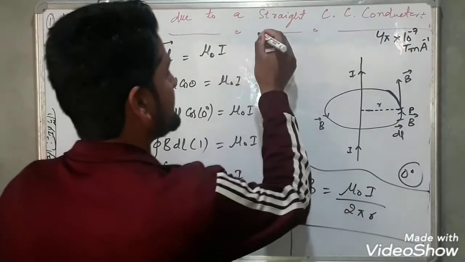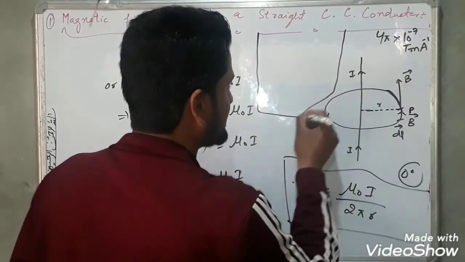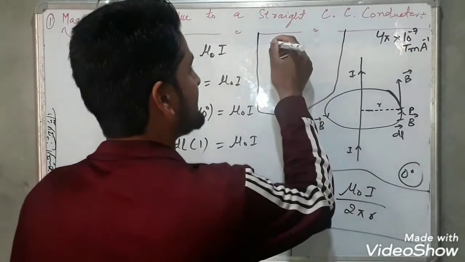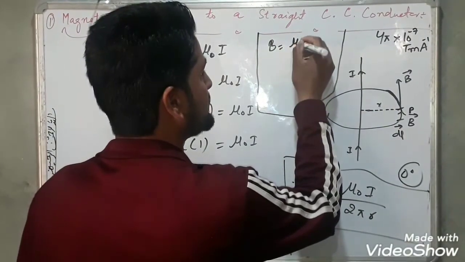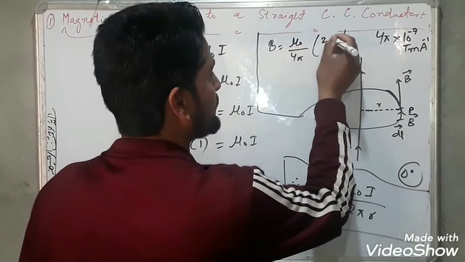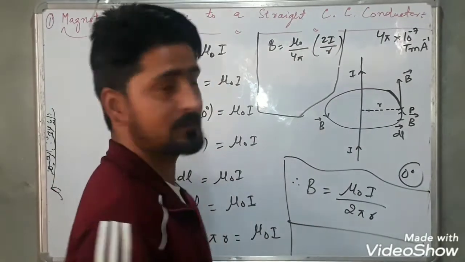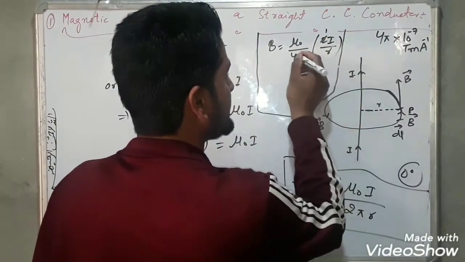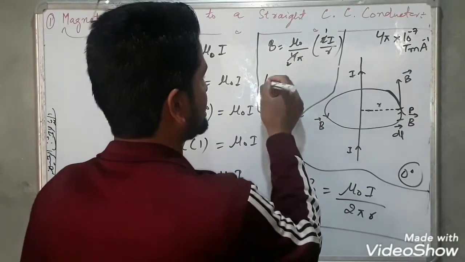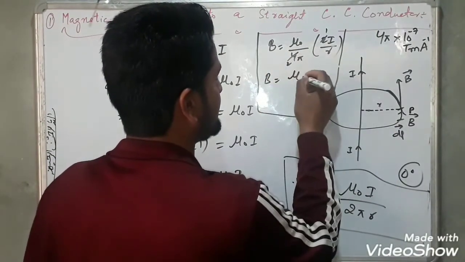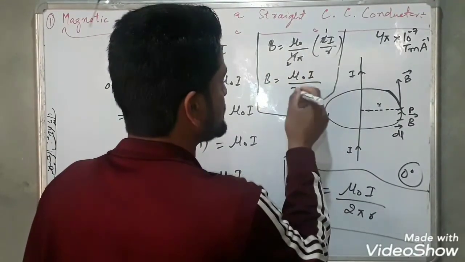We have already proved this earlier on the basis of Biot-Savart's law, that B equals mu naught by 4 pi, twice I by r. Here 2 and 2 will cancel, so B equals mu naught I divided by 2 pi r.